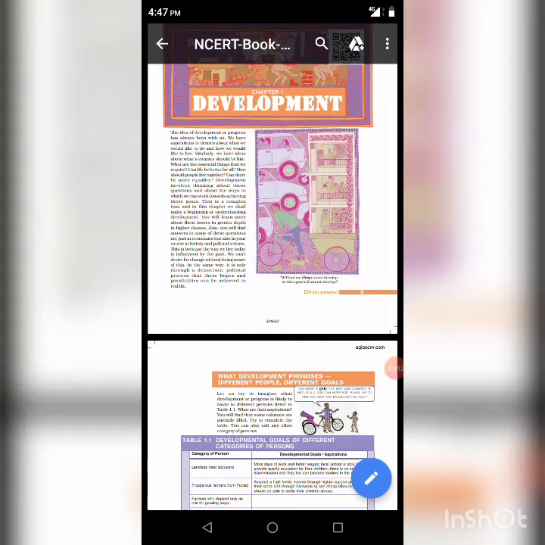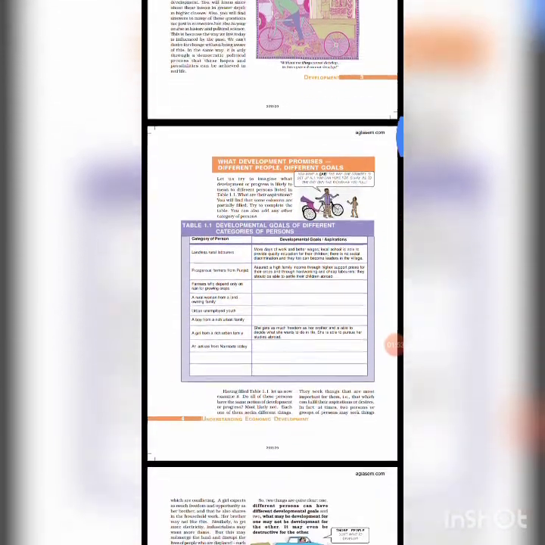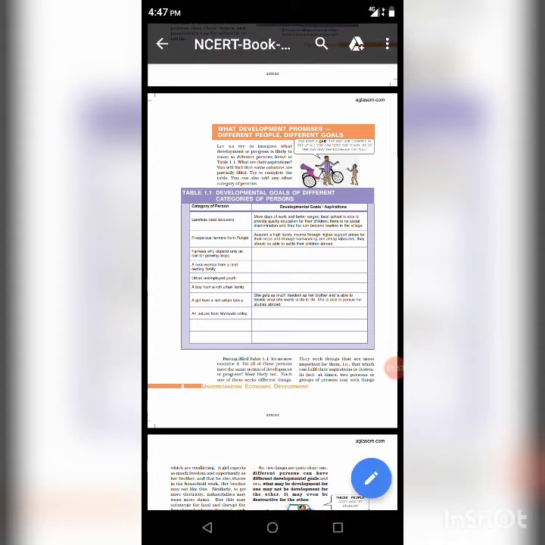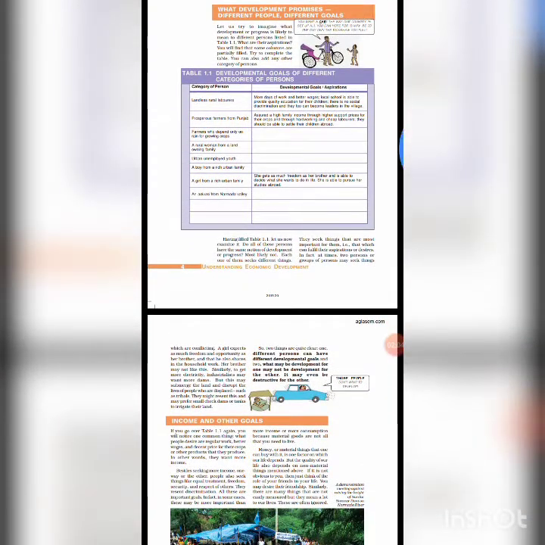Whereas development promises real growth by enhancing the total income and standard of living of a person. Different people have different development goals.